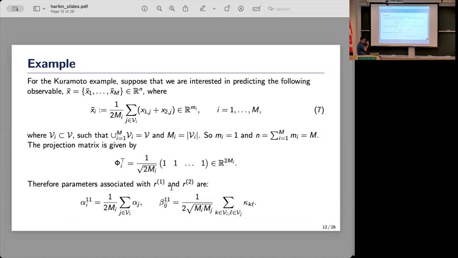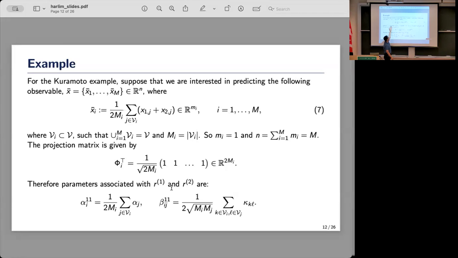Let's go back to the Kuramoto example again. Suppose you're interested in predicting the following observable. Say you initially have 100 nodes. I'm going to average the first block of 10, the second block of 10, the third block of 10, and the fourth block of 20 nodes. Each node is initially two-dimensional, because of sine and cosine of the angle, so you average over all the components too.